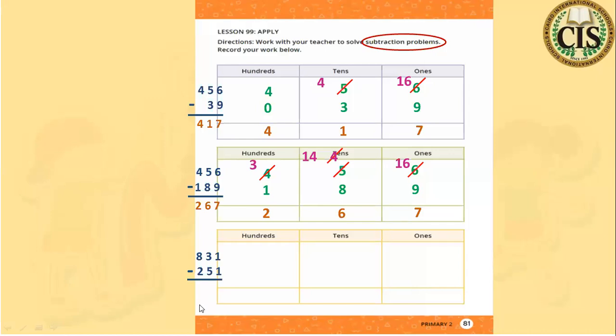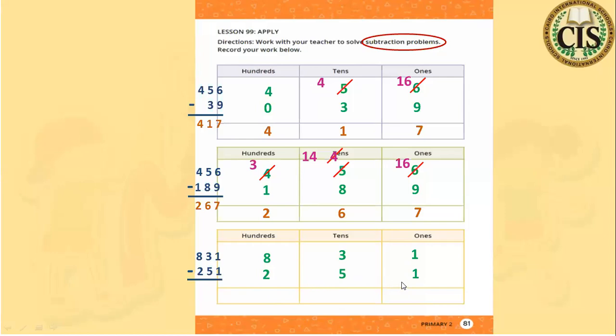Yes. Okay, can you help me, please? Yes, of course. Okay. 831, 8 in hundreds, 3 in tens, 1 in ones. And 2 in hundreds, 5 in tens, 1 in ones. Okay. 2 minus 8 and 5 minus 3 and 1 minus 1.